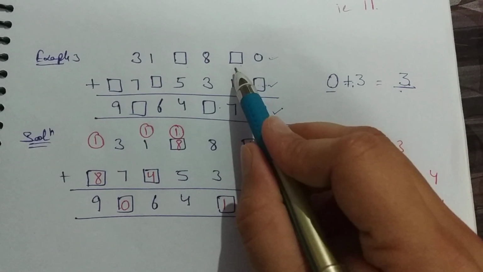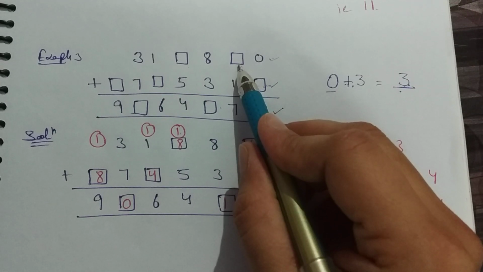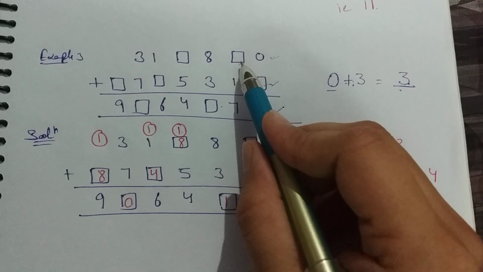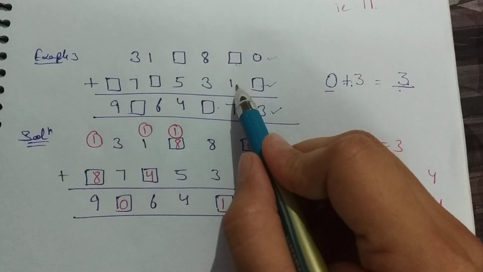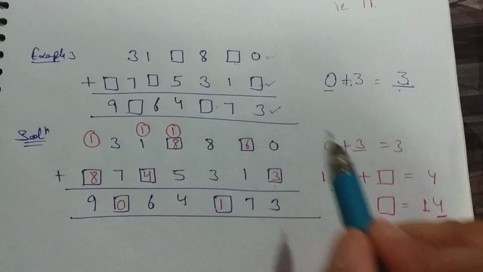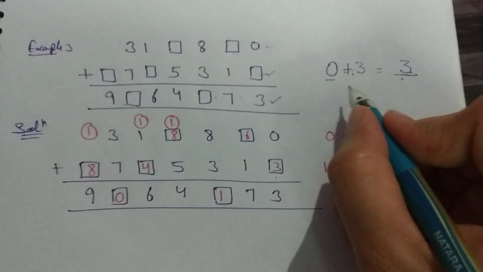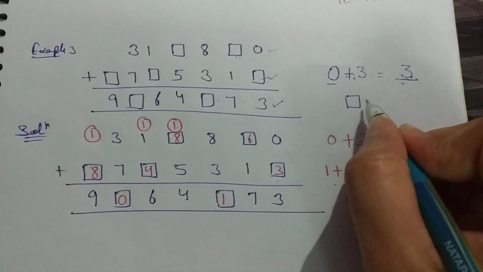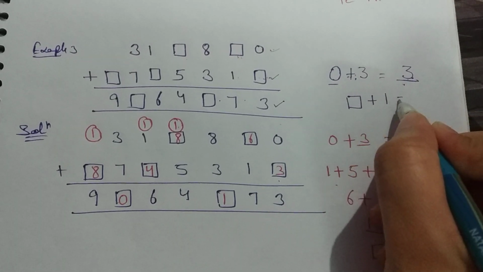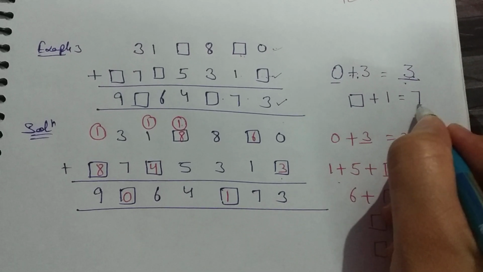Now start with the tens place value, that addend 1, this is addend 2, and this is sum. Here we have to write addend 1 plus 1 is equal to 7. This is sum.